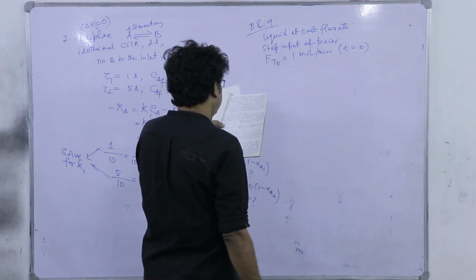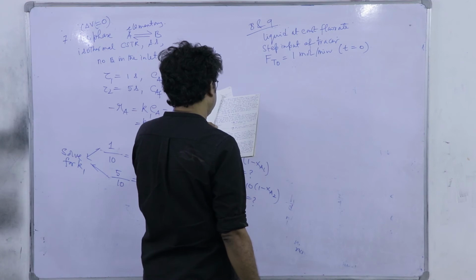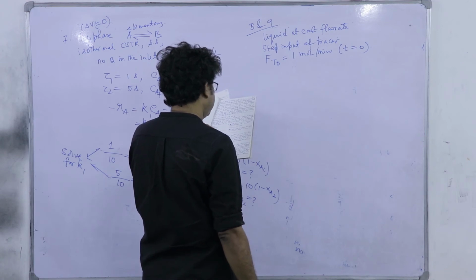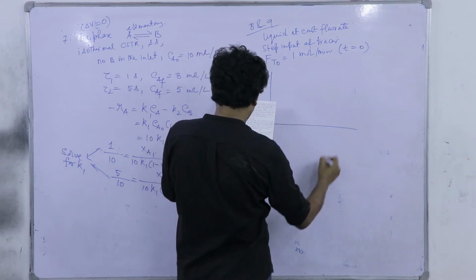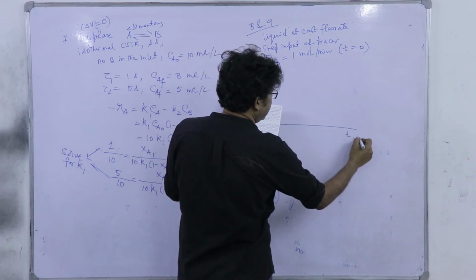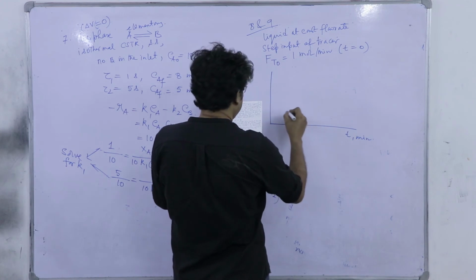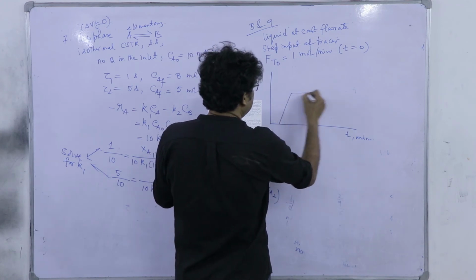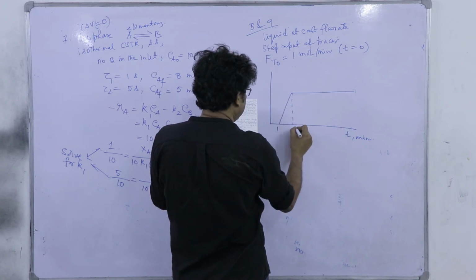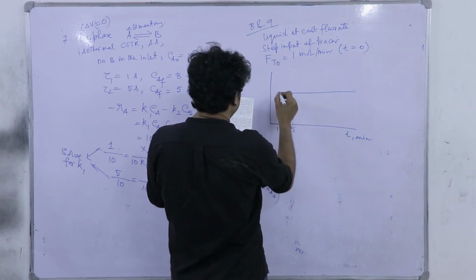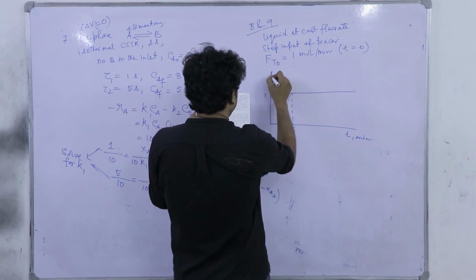The time variation of concentration C of the tracer at the exit of the reactor is as shown in the figure. Here it is 1, 5, and here it is 1.